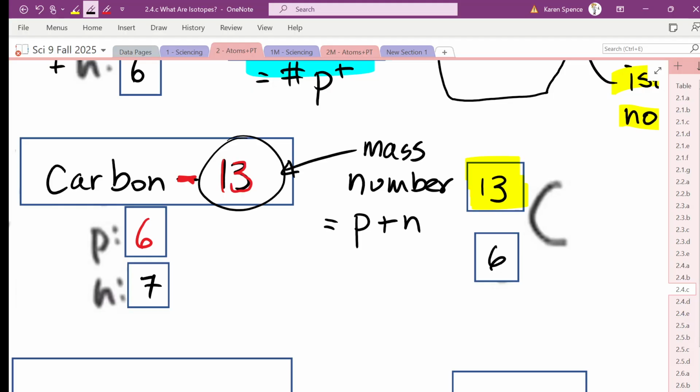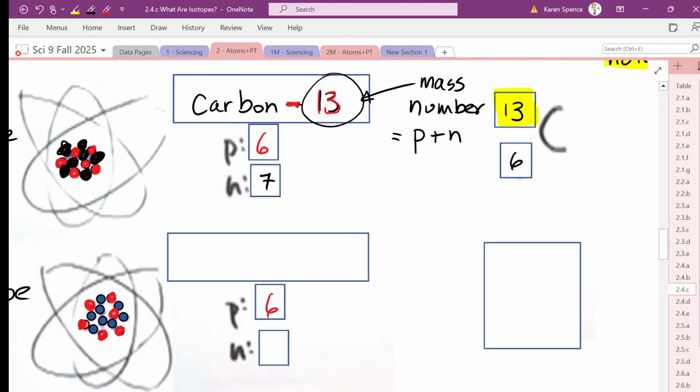Does the number of neutrons go anywhere? Do I write the number of neutrons? Nope. Just protons plus neutrons. But you can calculate the number of neutrons. And you know what's really nice? Do you know one reason why we write the big number on the top and the small number on the bottom?